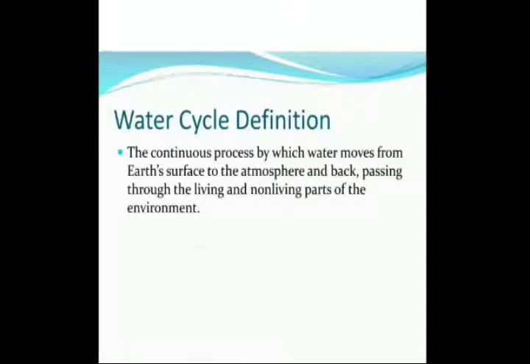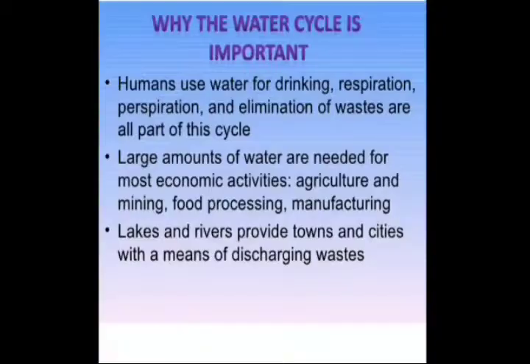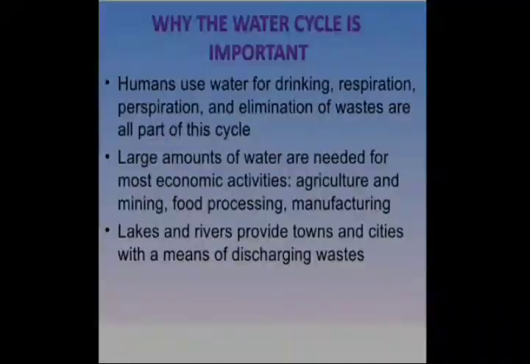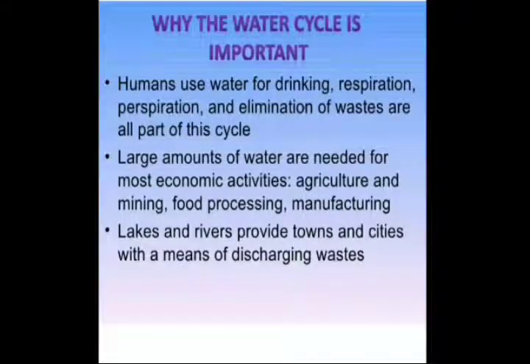Now, what is the importance of this water cycle? Why is the water cycle so important? Just because it maintains a regular supply of water to the earth's surface, and it also regulates the weather of the earth, your planet.